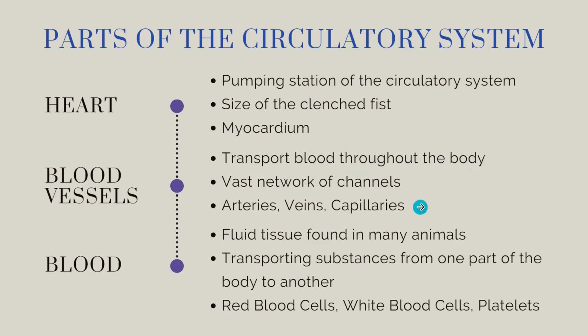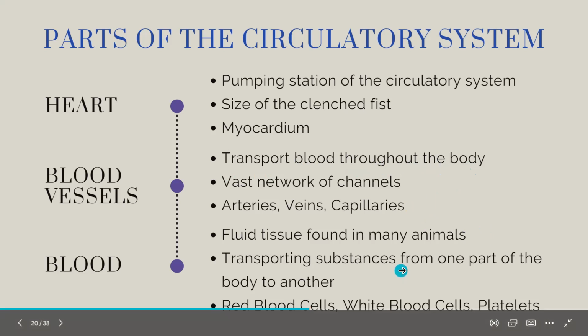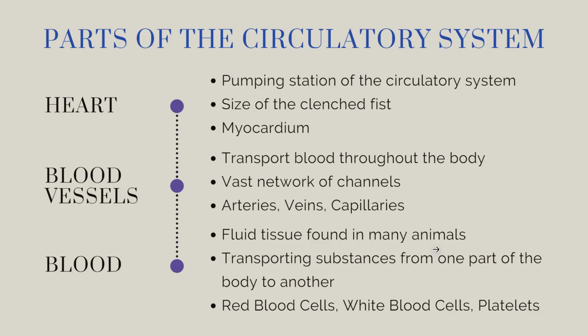While the blood is one of the transporting media in the road, when we compare it to a highway, it is known as the fluid tissue found in many animals. It transports substances from one part of the body to another, and it consists of three main blood cells called the red blood cells, the white blood cells, and the platelets. It also consists of plasma.